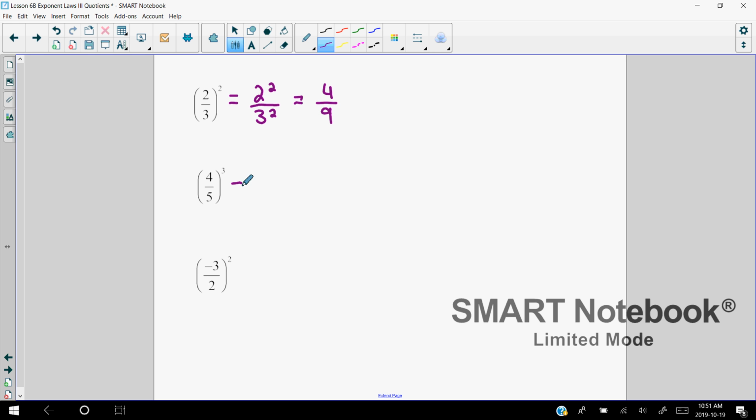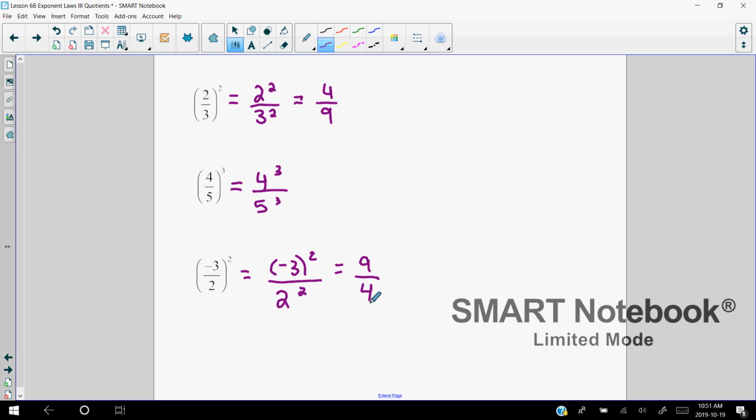Next one, 4 over 5 to the power of 3 becomes 4 to the power of 3 over 5 to the power of 3. Last one, now we have a negative sign we need to take into account. Negative 3 stays in brackets because the 2 is outside of the big set of brackets, and 2 to the power of 2. So my answer here would be negative 3 times negative 3, which is positive 9 over 4.